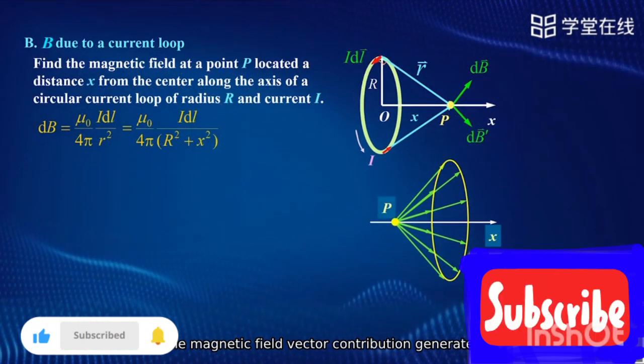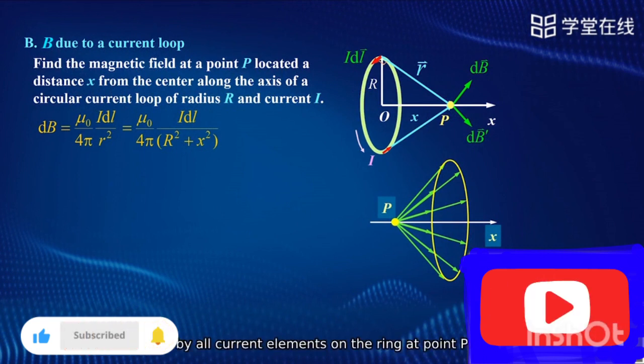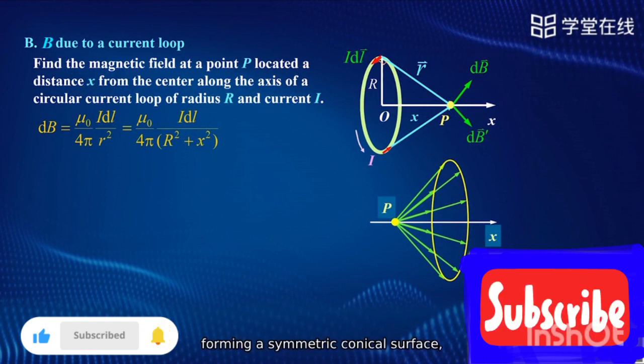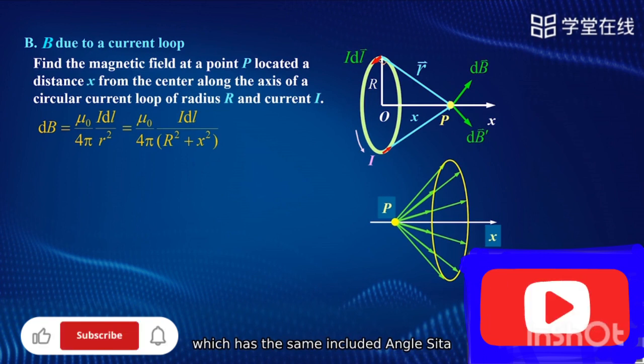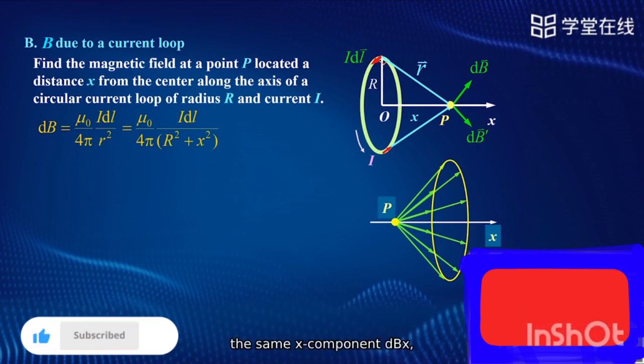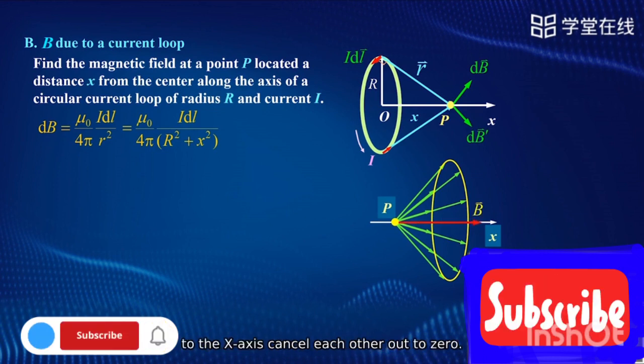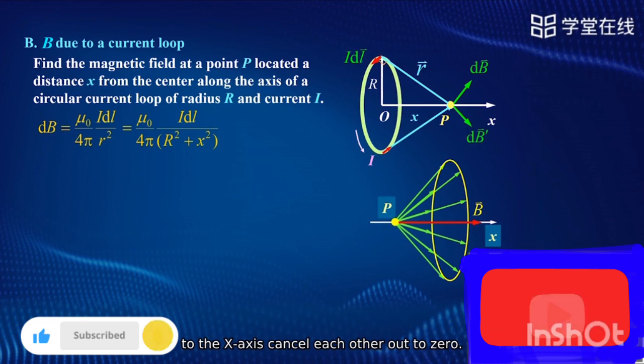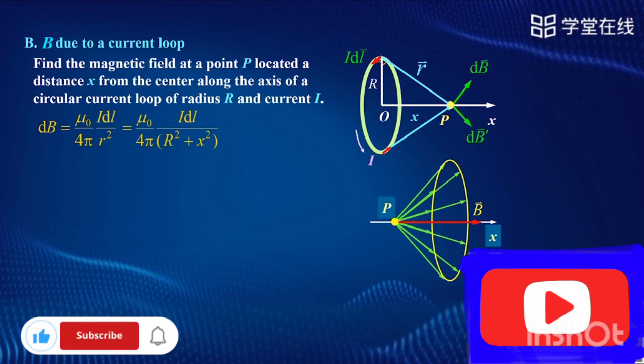The magnetic field vector contribution generated by all current elements on the ring at point P is shown in the figure, forming a symmetric conical surface which has the same included angle theta with the x-axis, the same component dBx, and the components perpendicular to the x-axis cancel each other out to zero.